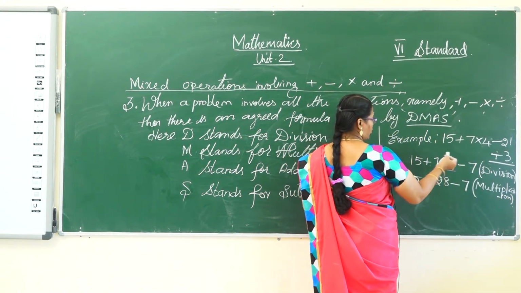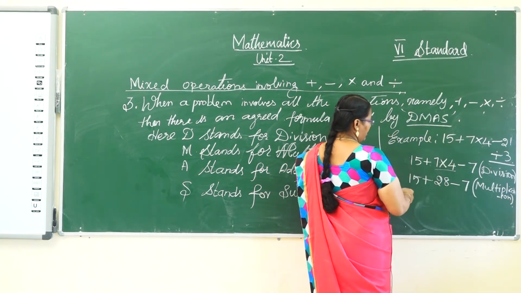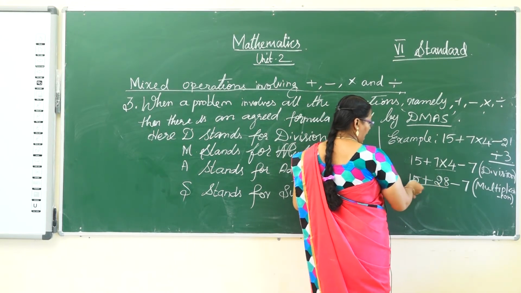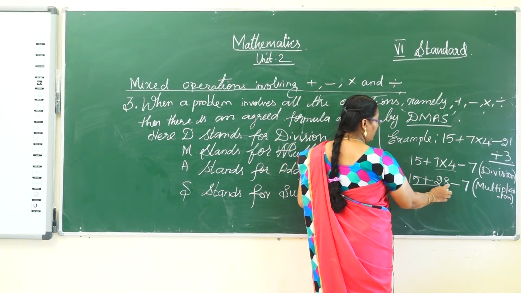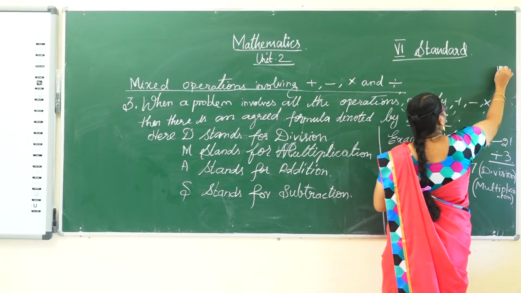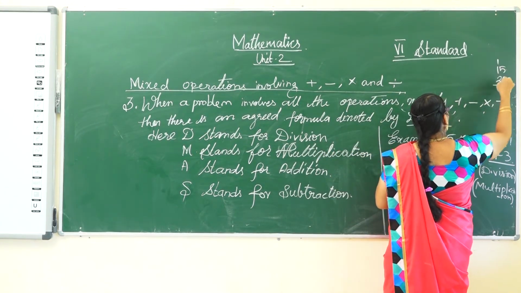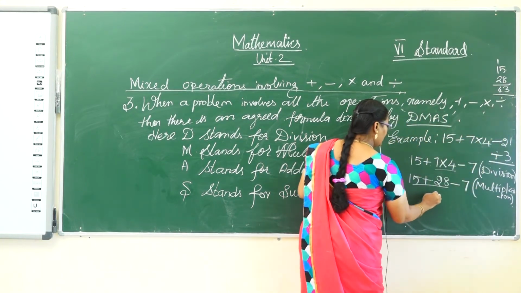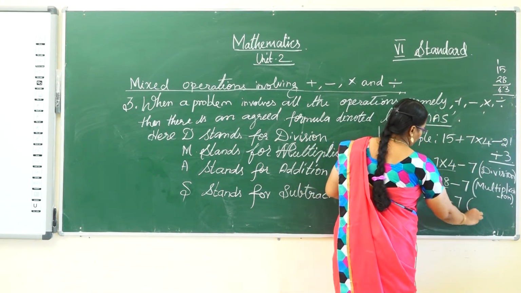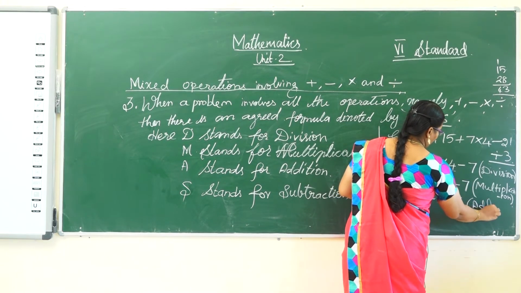And next preference to A. A means addition. Add these two values: 15 plus 28, 5 plus 8 is 13, 1, 43. So 43 minus 7. Within a bracket write addition.